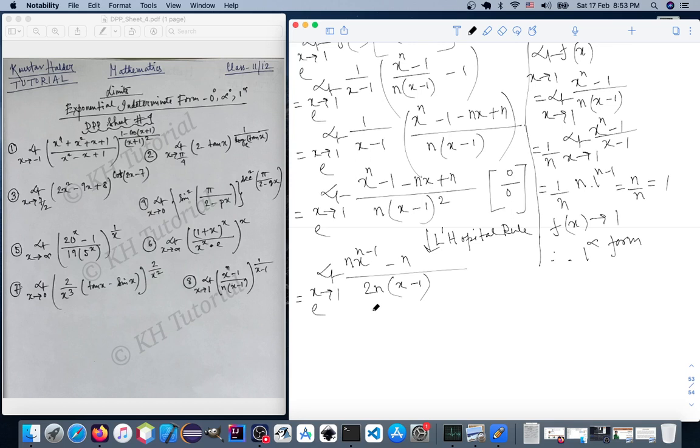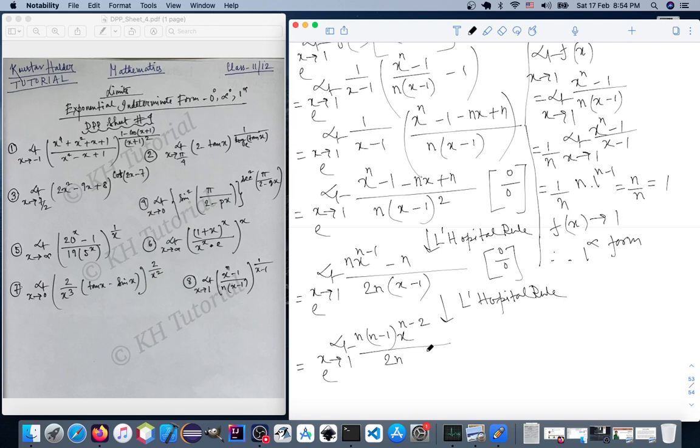This is again of the form 0 by 0, and we again apply L'Hopital rule and get e to the power limit x tends to 1 n into n minus 1 x to the power n minus 2 divided by 2n.